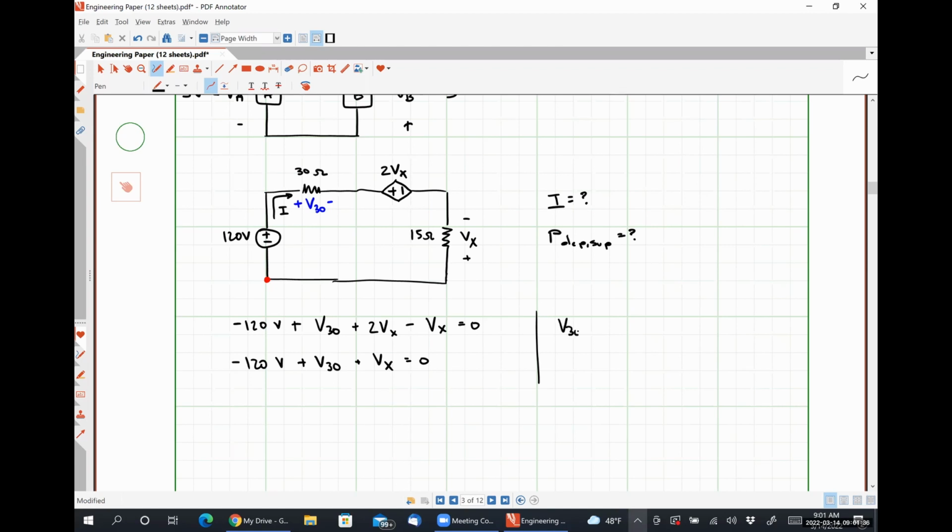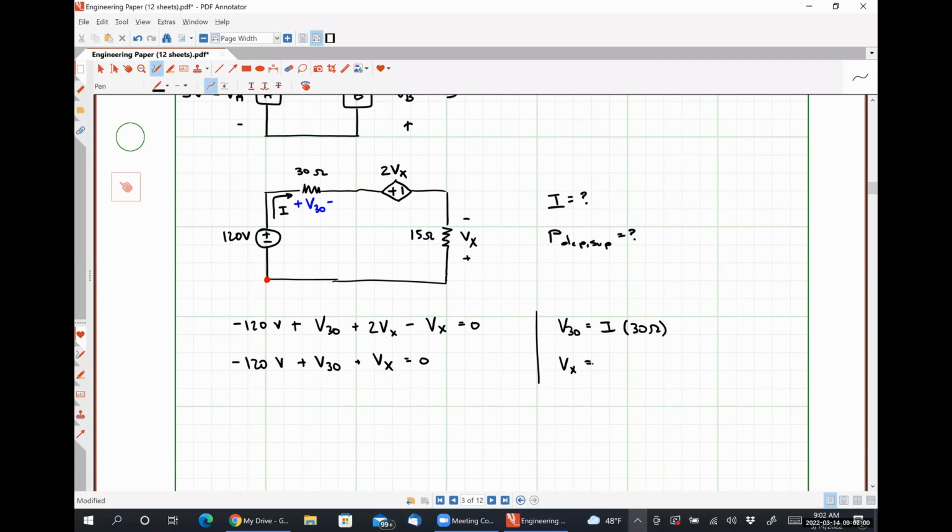So V30 is just I times 30 ohms, okay? That seems perfectly reasonable to me. Lindsay, how do I express Vx in terms of that common current I?